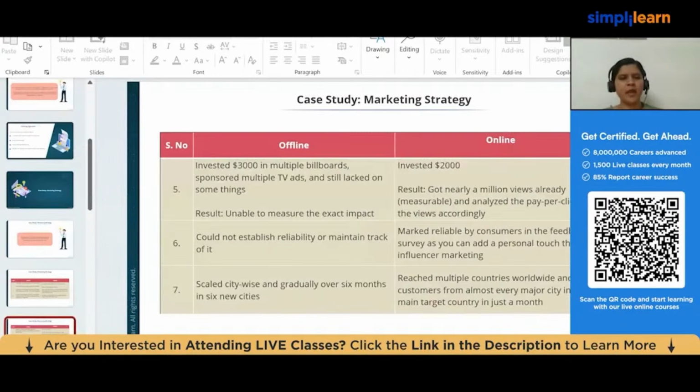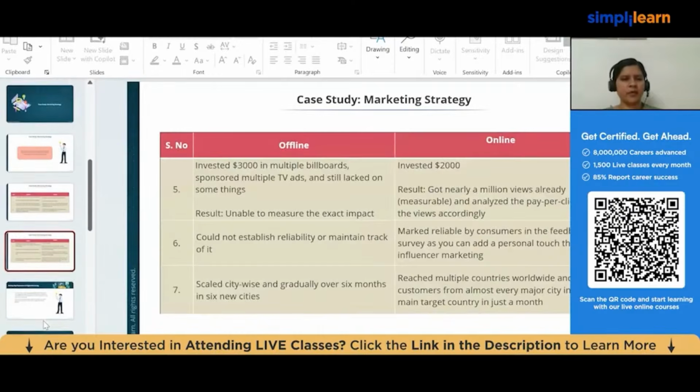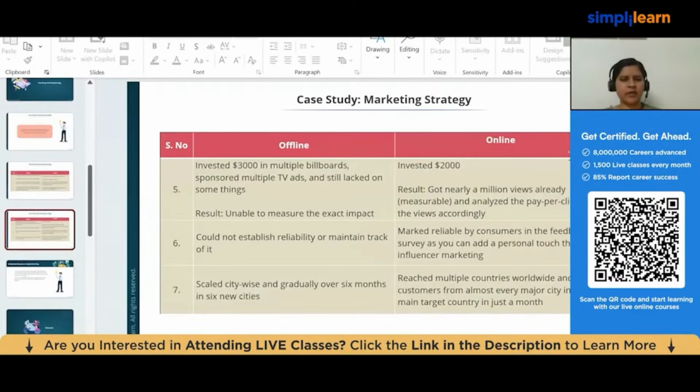Okay. Now, a few other scenarios have been mentioned here in the table. For offline, this particular company invested $3,000 in multiple billboards and some TV ads, and they hardly got anything. They were not able to measure the exact impact. Whereas on the digital side, they invested $2,000, got a million views, and were able to analyze how their PPC campaigns are performing.